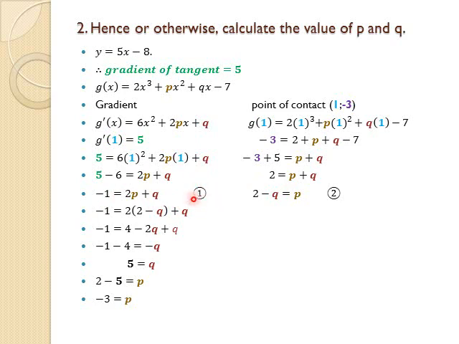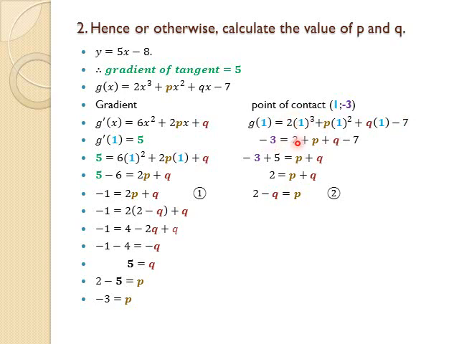That's my equation 1. For the point of contact, remember the point of contact simply states that if x is 1, y is negative 3. So if we take x equals 1 into the original equation, we have 2 times 1 cubed plus p times 1 squared plus q times 1 minus 7, and all of this equals negative 3.